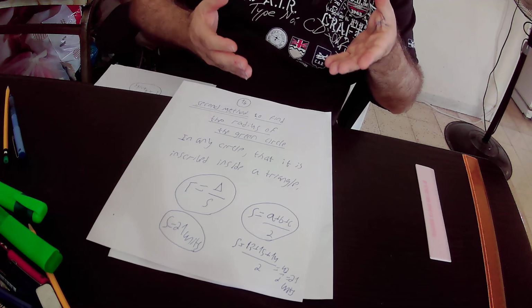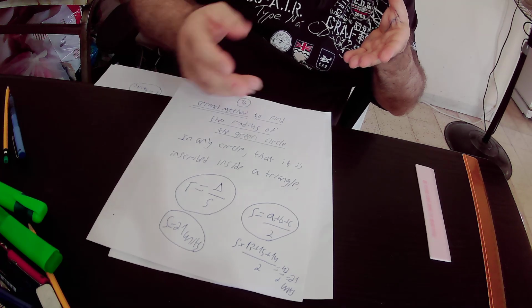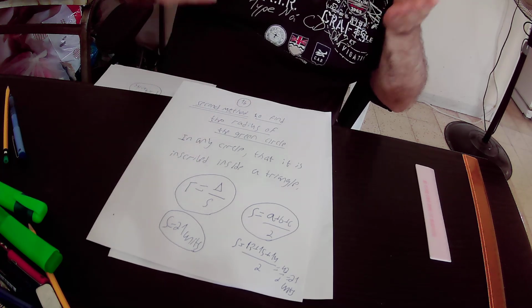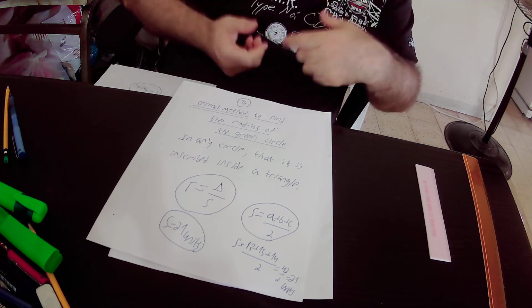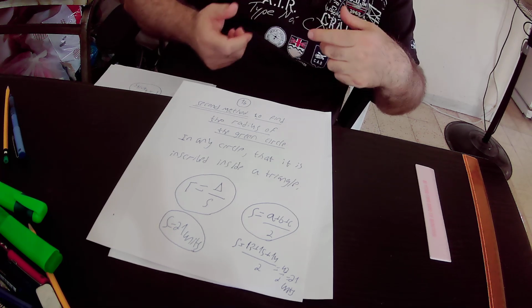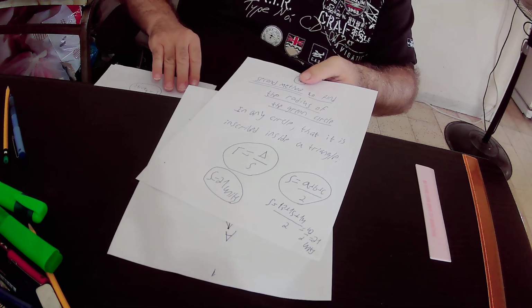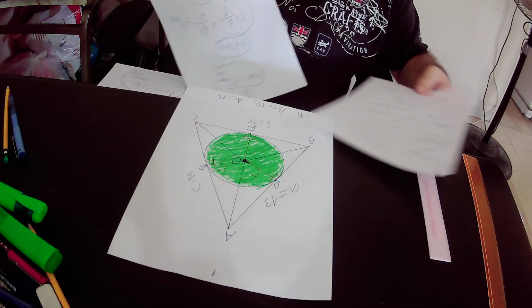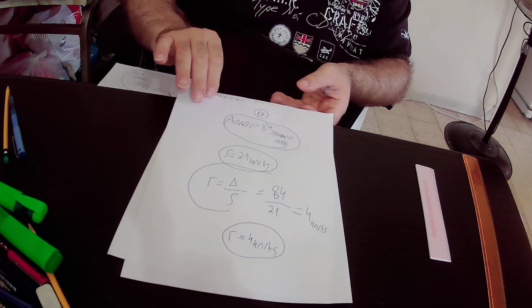And we have already found out that the semi-perimeter of our triangle ABC equals 21 units, and we found out in 3 different ways that the area of triangle ABC equals 84 square units. Okay, so we have all the data in order to find out the radius of the green circle.